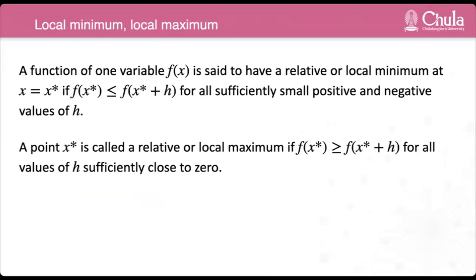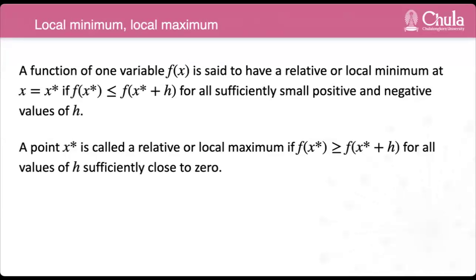Now you learn the definition of the local minimum or relative minimum. So this is the definition. A function of one variable, f(x), is said to have a relative or local minimum at x star if f(x star) is less than or equal to f(x star plus h), for all sufficiently small positive and negative values of h.